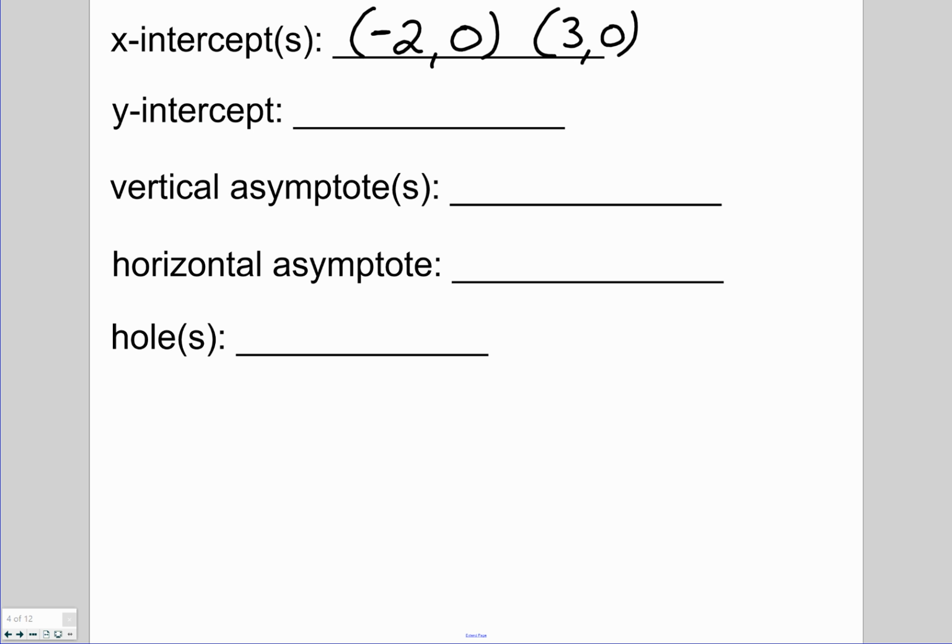Questions on how to find the x-intercepts? How do you find the x-intercepts, Gilberto? No, you find what makes it 0. Not the denominator, the numerator.